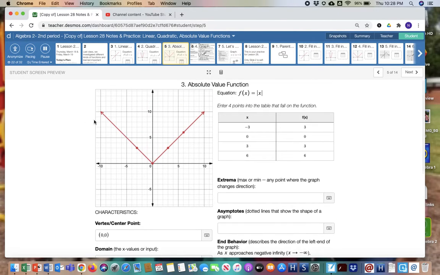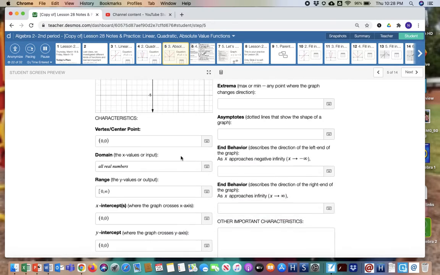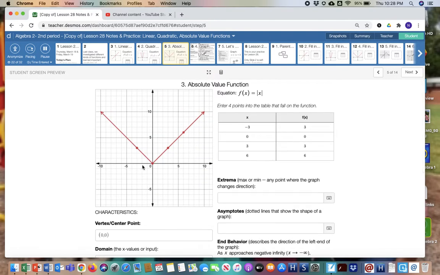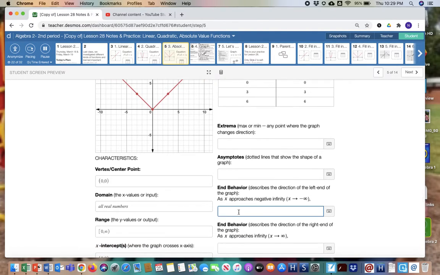Well, starting left forever, it goes down till 0, and then it goes up from 0 till forever. So the decrease would be from negative infinity to 0, and then it would increase from 0 to forever. So there you go. All right, end behavior, well, if I go to the right, I go up. If I go to the left, I also go up. So either way, we go to infinity.